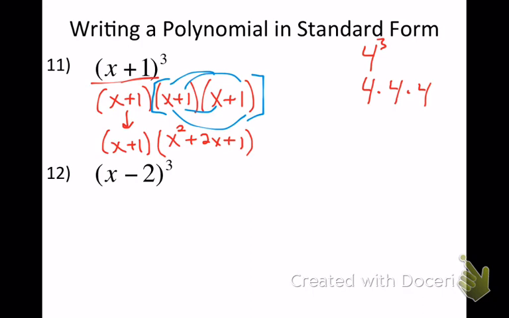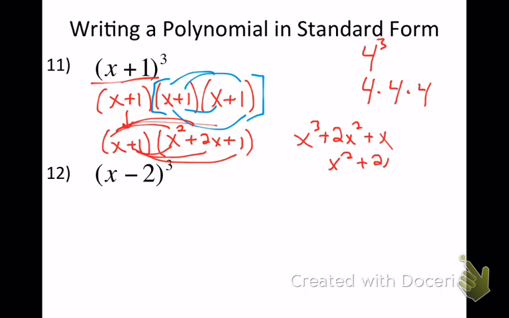And now you have a problem basically like the ones we were just doing, where I need to distribute again twice. So I take x times everything. I get x to the third plus 2x squared plus x. Then I take the 1 times everything. I get x squared plus 2x plus 1. Combine like terms.